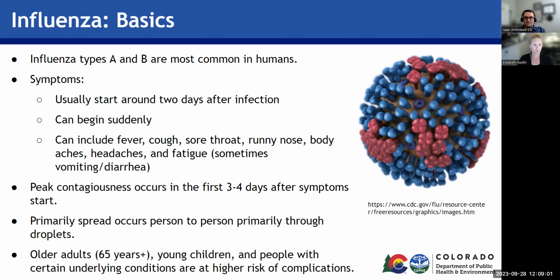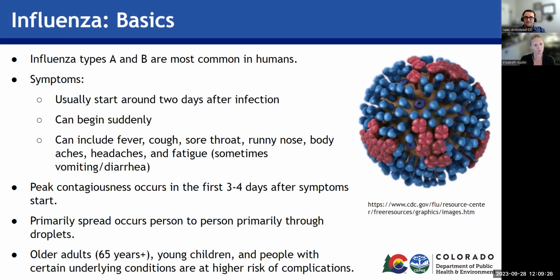And then lastly, I wanted to emphasize the groups that are at highest risk of complications. This is important, particularly when thinking about the settings in which people live and treatment of influenza: the extremes of the age spectrum, so older adults, and by this CDC generally defines 65 years and older.